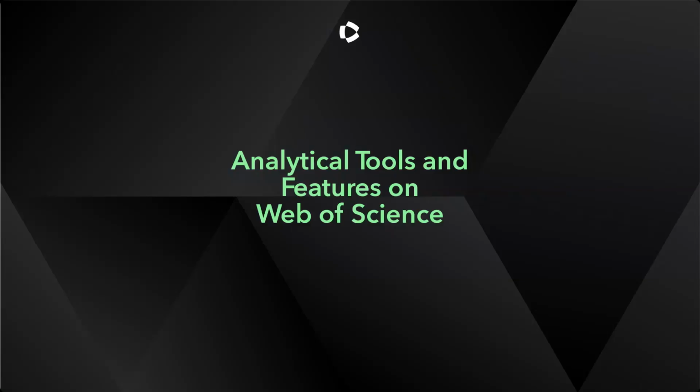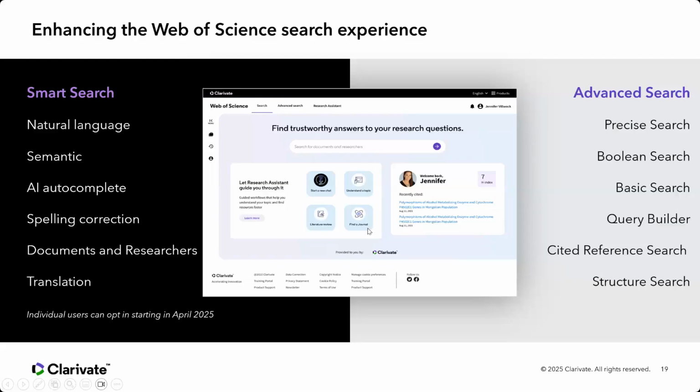Okay. Now, within the Web of Science, we do have analytical tools and personalization features to make it more efficient for you to discover research. And our latest introduction is our smart search.